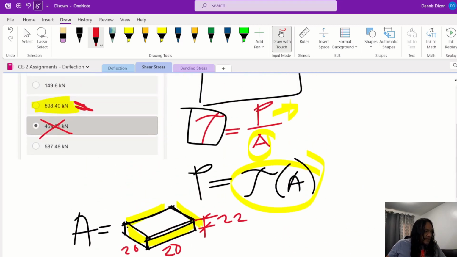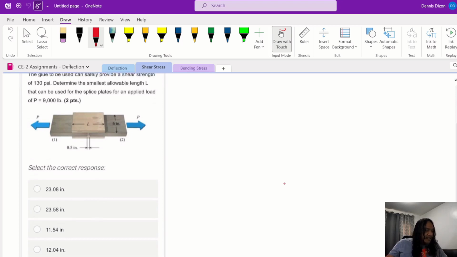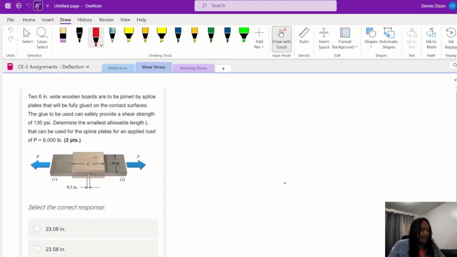So the correct answer is 598.4 kilonewton. Now, on the next question, if you have a plate pulled away from each other, and then you have a splice plate. This is in actual application.